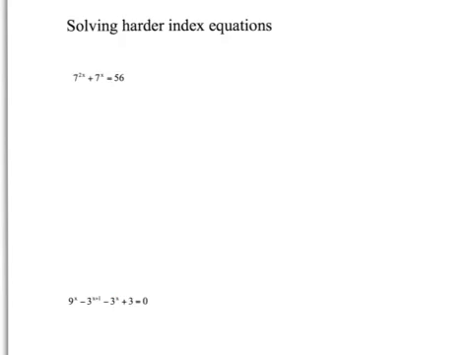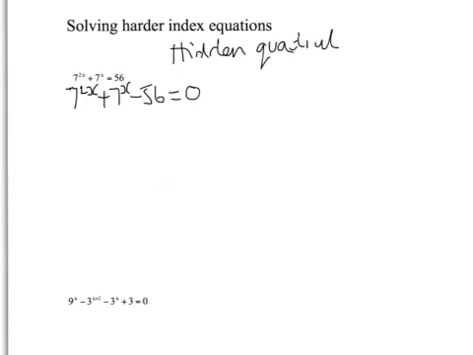Okay, here comes some even harder index equations. I just want you to watch what I'm doing because there's some quite clever tricks in these. The first thing that I'm going to do with this one is move the 56 over to the left. And then it looks like this quite strange thing that I'm going to refer to all year as a hidden quadratic.